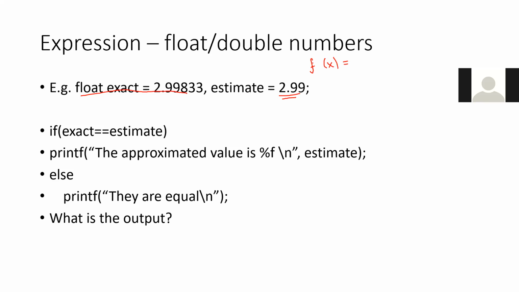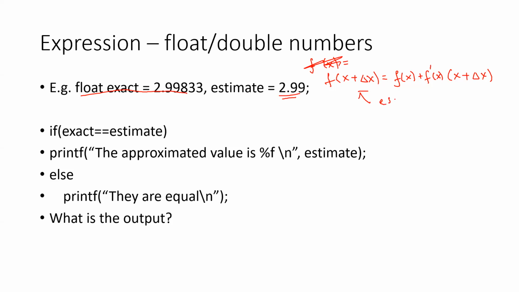So this is f prime x. So this is x plus 1, right? So f of x plus delta x is just equal to f of x plus f prime at x, and then you have x plus delta x, something like that. Okay, so what does this mean? An example of this is for estimation.